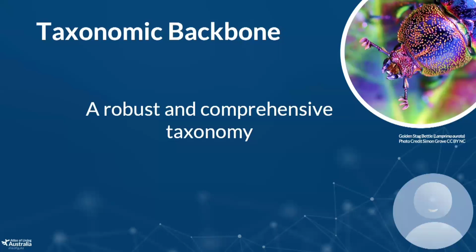Rather, we're aiming to achieve a specific outcome. And that outcome is to be able to assign every occurrence record to the correct taxon. That means having the best available name for all the data that's coming into the ALA. We've been working on changes to how the taxonomic backbone is constructed in order to improve that name matching.